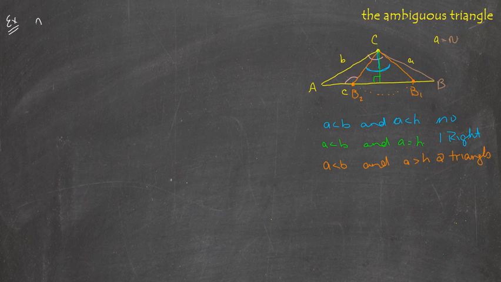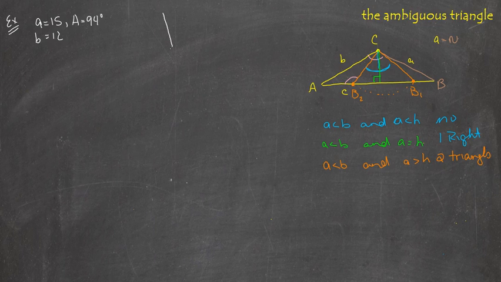You're given the information A equals 15, B equals 12, and angle A is 94 degrees. So we're dealing at this point with an obtuse or oblique angle. So we know we are going to have to look at the ambiguous case.